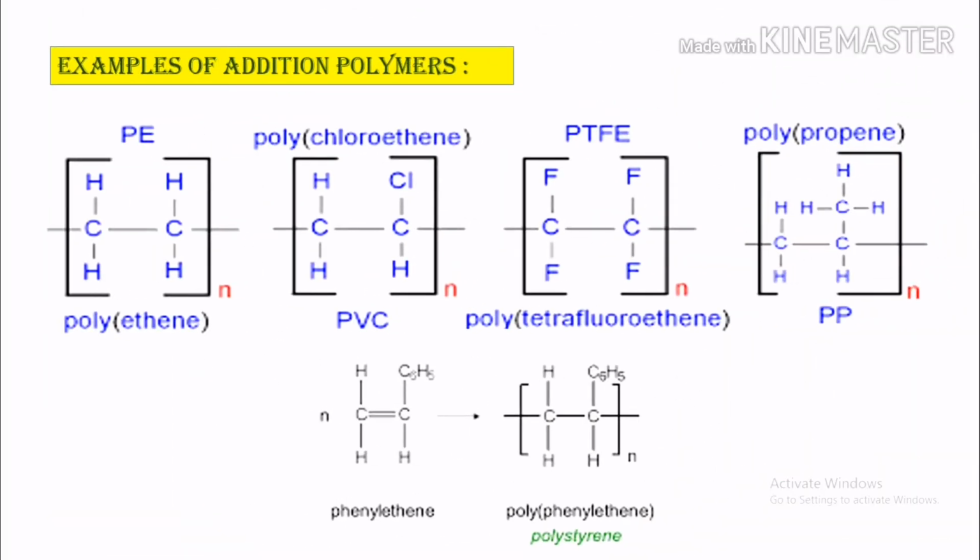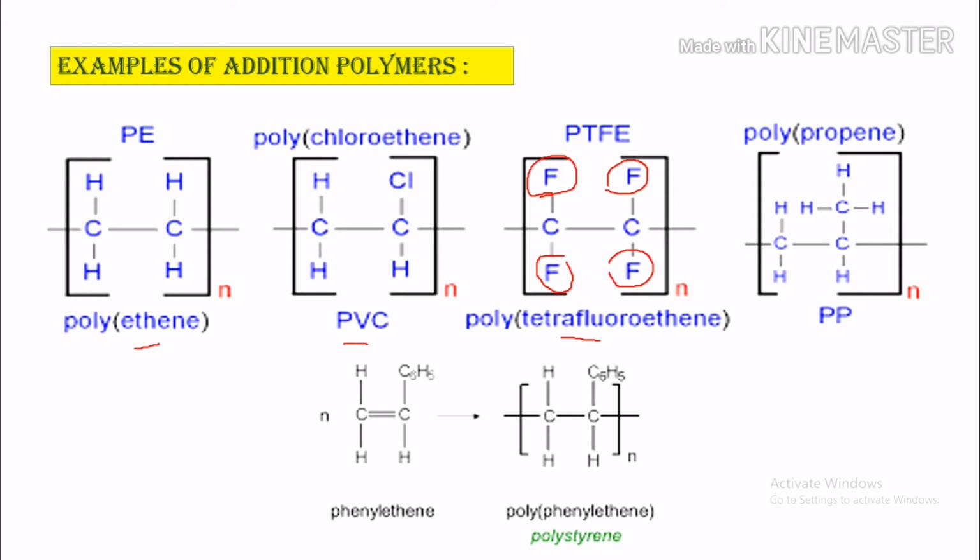Different examples of addition polymers: we have polyethene, polyvinyl chloride PVC, polychloroethene, polytetrafluoroethene, where fluorine atoms are used as substitution to form polytetrafluoroethene.